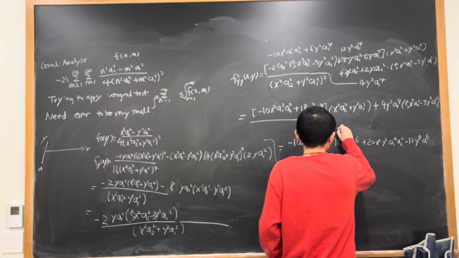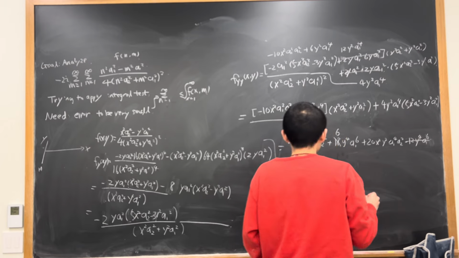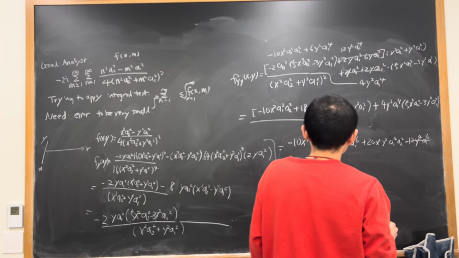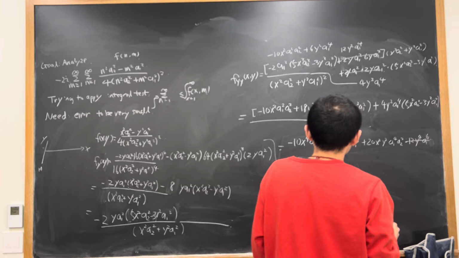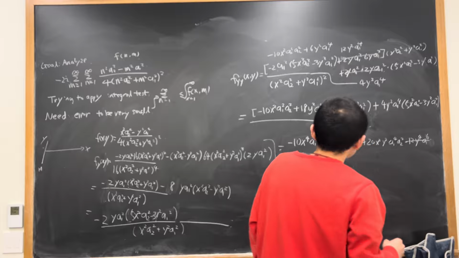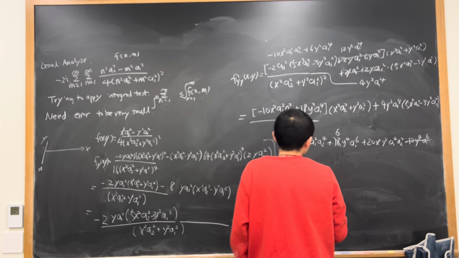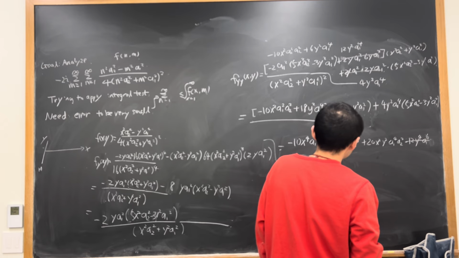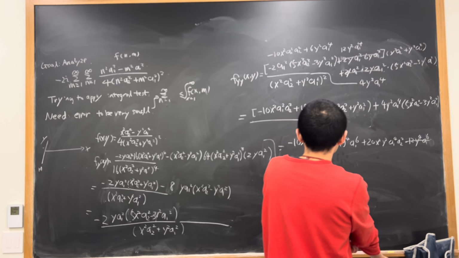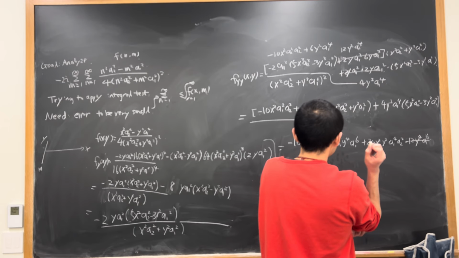Okay, so here it cancels and becomes 6, right? So I'm letting this guy equal to 0. Okay, because all the numbers are positive, right?